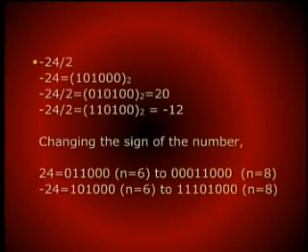If we use 8 bits for representing the same 24, just add 2 zeros on the left side of this number, making this number 0, 0, 0, 1, 1, 0, 0, 0. Same way, if we have minus 24 with 6-bit representation, it is 1, 0, 1, 0, 0, 0, and if we extend it to 8 bits, then we should copy 2 ones on the left side, making this number 1, 1, 1, 0, 1, 0, 0, 0, which is minus 24 with 8 bits.